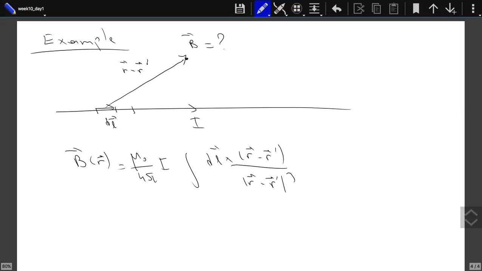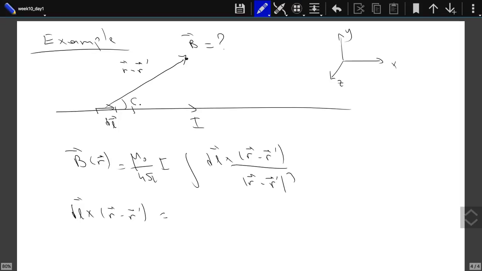First of all, what is the direction of dl cross r minus r prime? Let's choose our axis. Let's say this is the x, this is y, this is z. What is the direction of dl cross r minus r prime? This is dl, this is r minus r prime, dl cross r minus r prime, this is in the plus z direction.